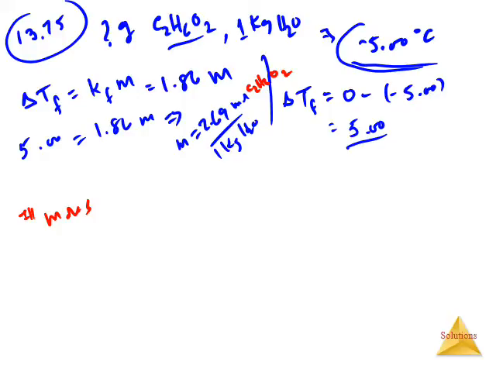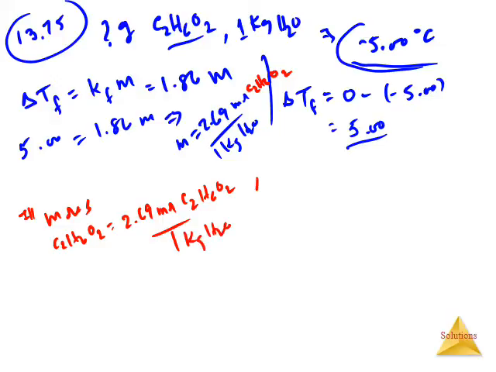Moles C2H6O2 would be given by 2.69 mole C2H6O2 per kilogram H2O times 1 kilogram H2O. If you had 2 kilograms of H2O instead of 1, you'd have to multiply by 2. That's why I'm showing you the multiplication. So this gives me moles of C2H6O2.